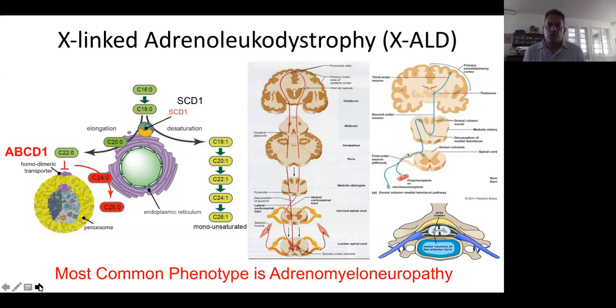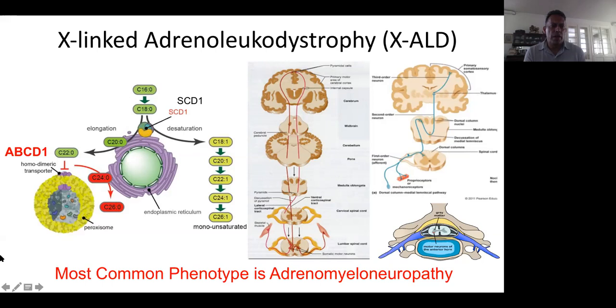X-linked adrenoleukodystrophy is a single gene disorder. It arises due to a mutation in a gene called ABCD1 that encodes a protein. This protein sits on a part of the cell called the peroxisome, and it's responsible for importing lipids into the peroxisome.